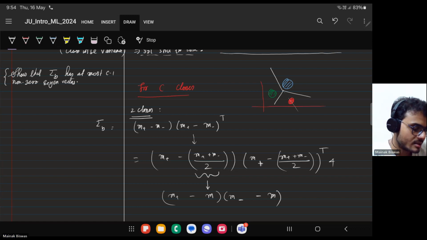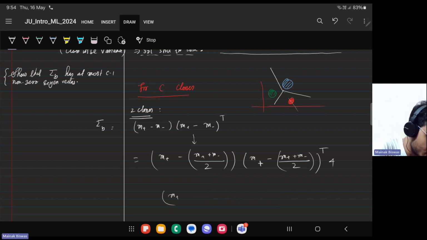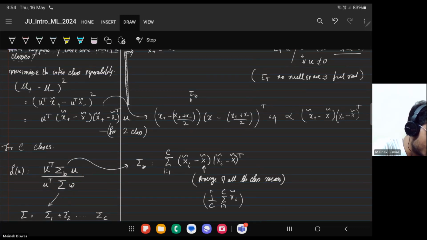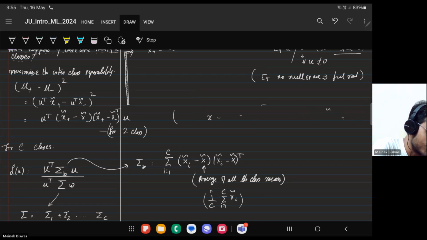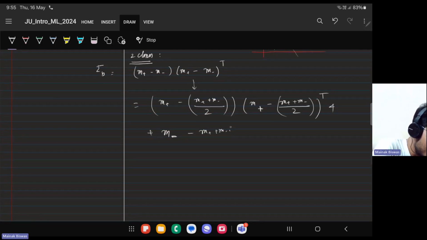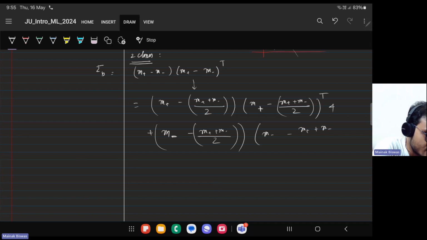This is 1. And the other one I can write as, sorry, very sorry, plus m minus. So just remove this. This is not right. Always see the steps, otherwise, see, I got a mistake.